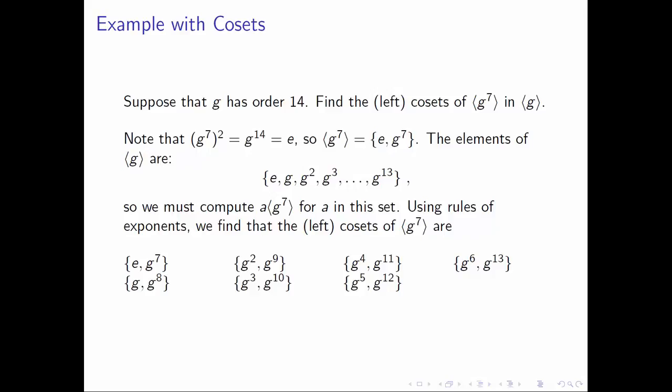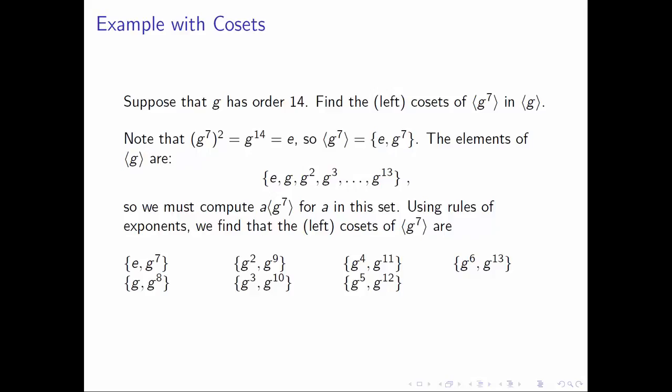Then g multiplied by g to the 7th power, with rules of exponents, is g to the 8th power. Continuing in this way, g squared multiplied by the identity is g squared, and g squared times g to the 7th is g to the 9th, and so on and so forth. We continue in this way until we get g to the 6th multiplied by the identity, and g to the 6th multiplied by g to the 7th, giving us g to the 13th.